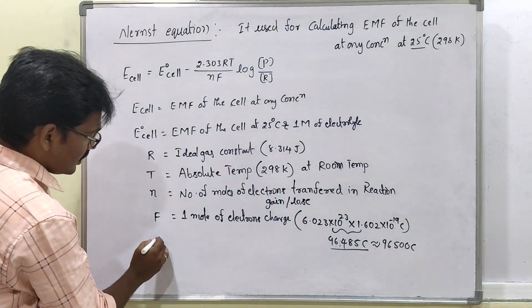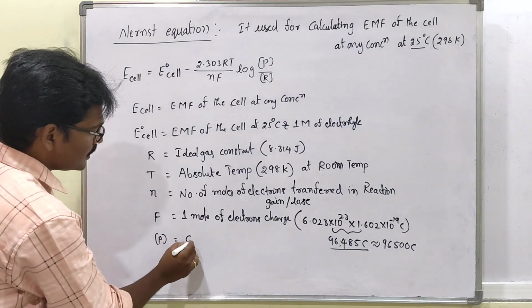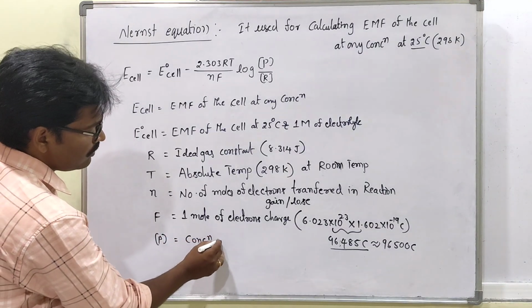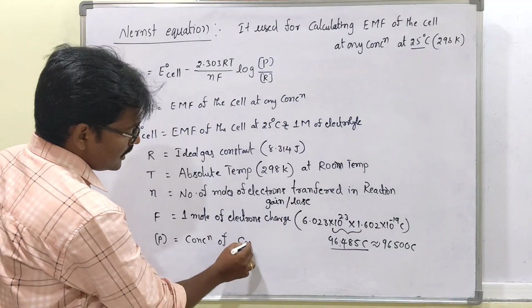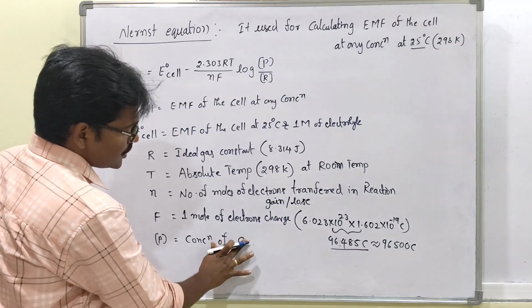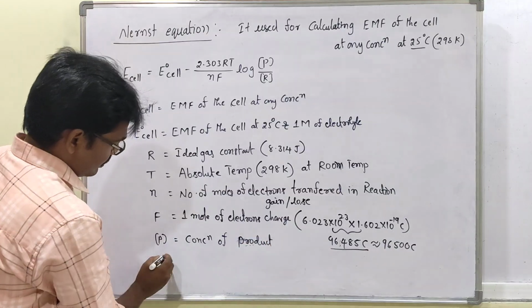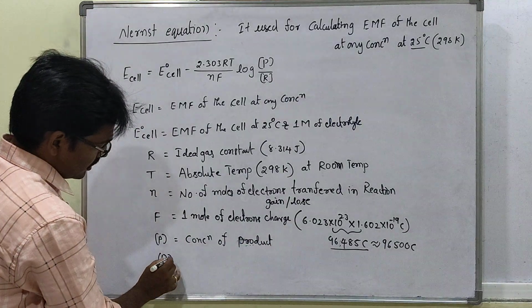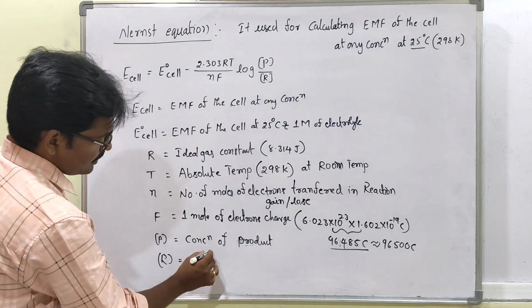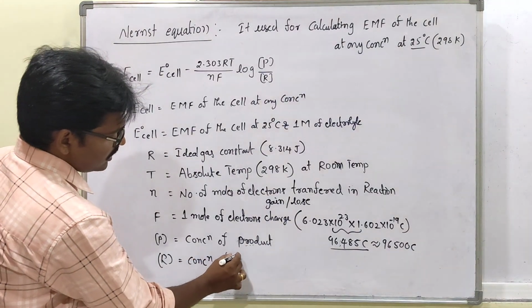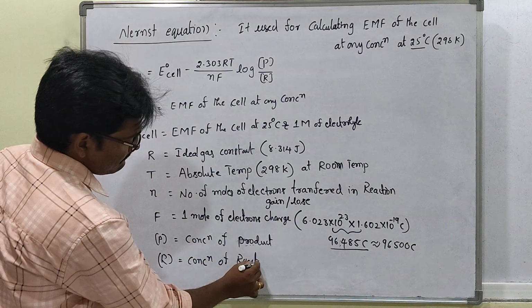Next, what will be there? Product concentration, that is the concentration of product in the chemical reaction. Then reactant concentration, that is the concentration of reactant in the chemical reaction.